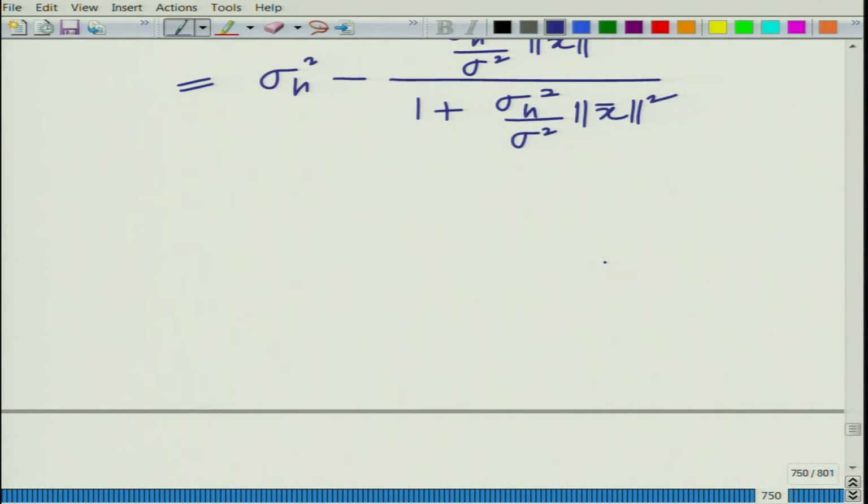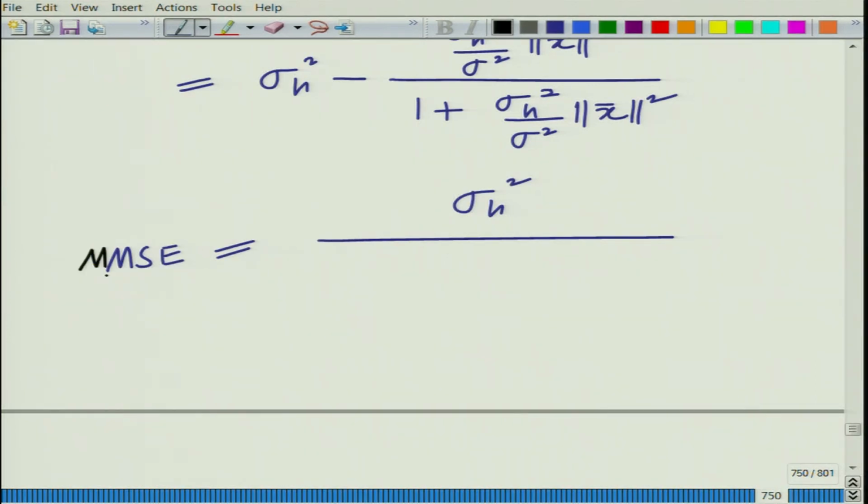And if you simplify this again, you will get something very interesting. So, this would be sigma h square, and the minimum mean squared error, the MMSE, would be 1 over sigma h square divided by sigma square into norm x bar square.